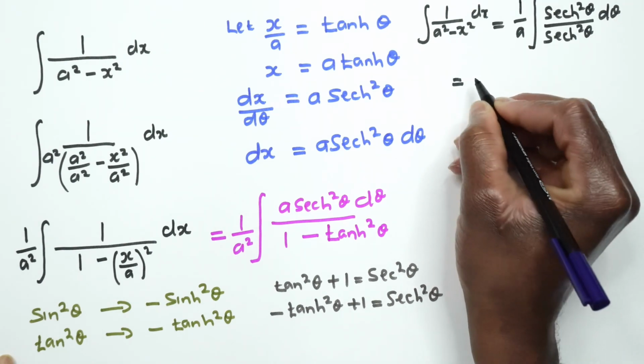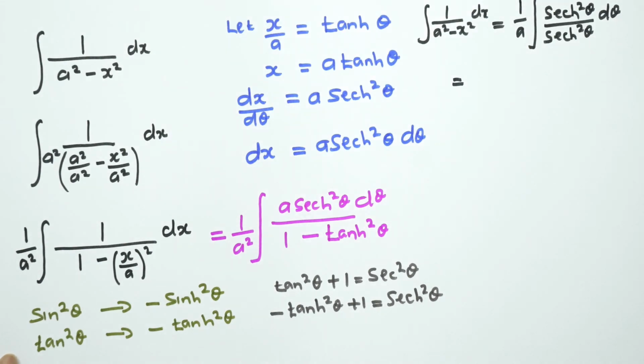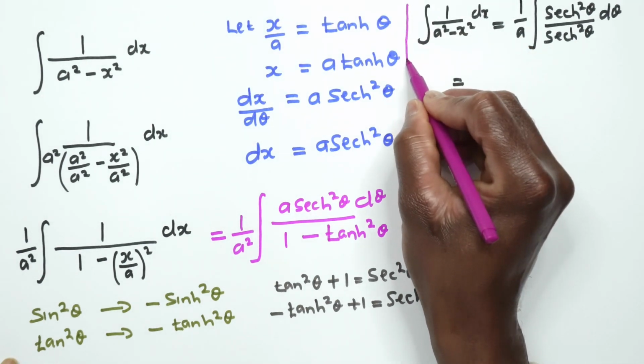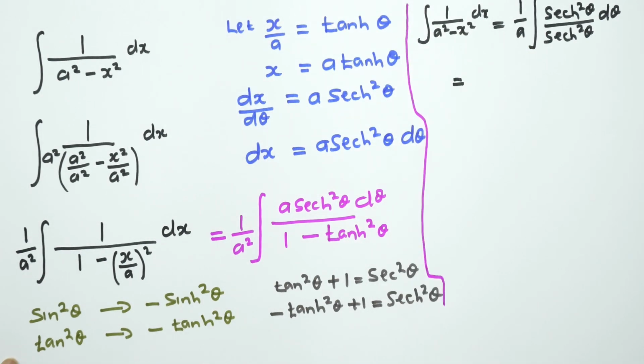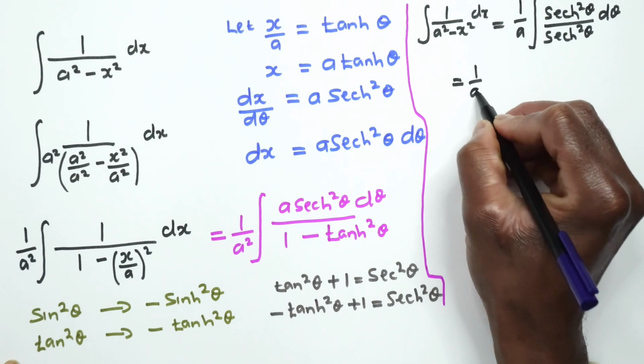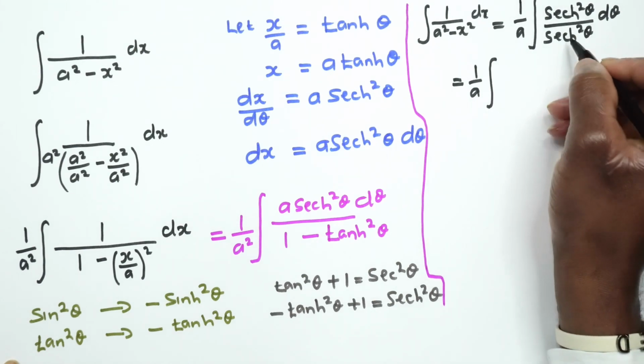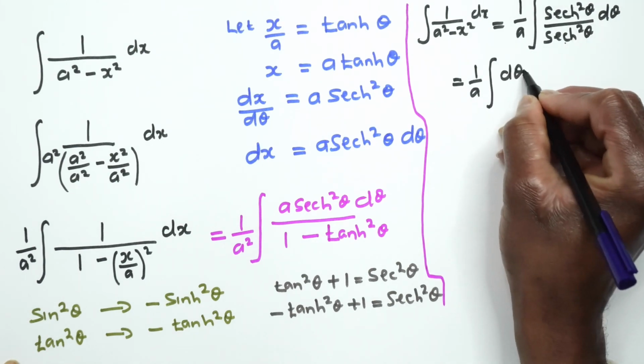And that can be written as 1 over a integral, the two will cancel each other, d theta.